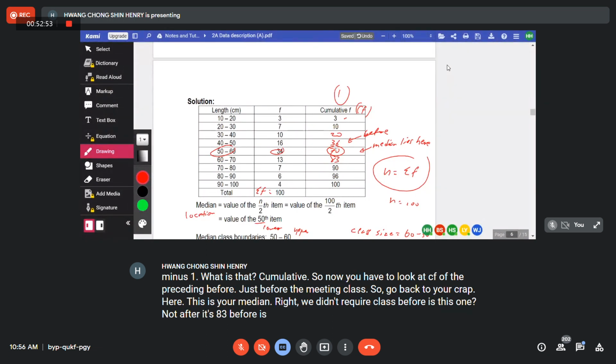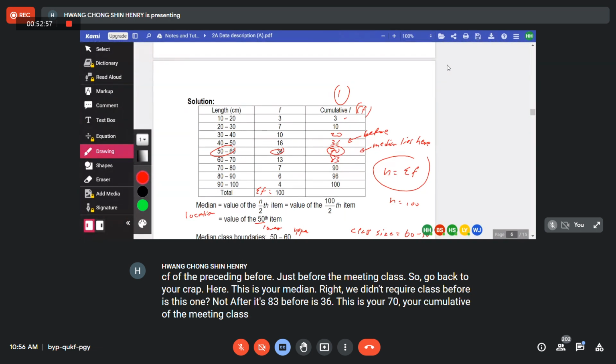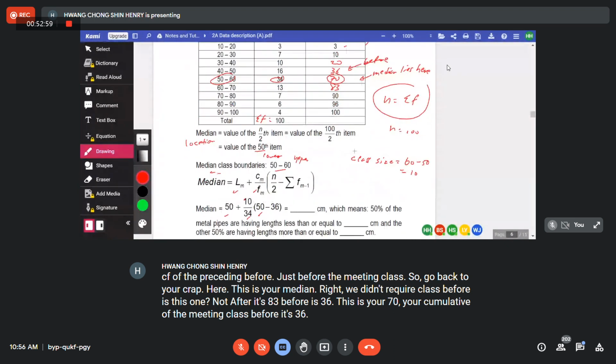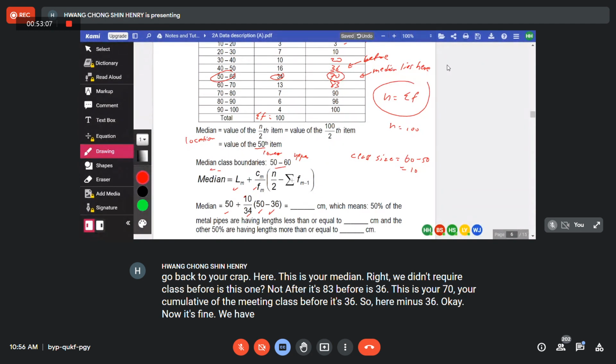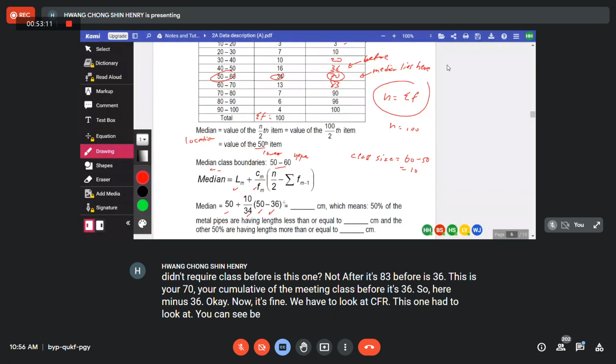Before is 36. This 70 is the cumulative of the median class. Before is 36. So here, minus 36. Okay. Now, this one you have to look at CF. This one you have to look at frequency. Be careful, everybody. Calculator.